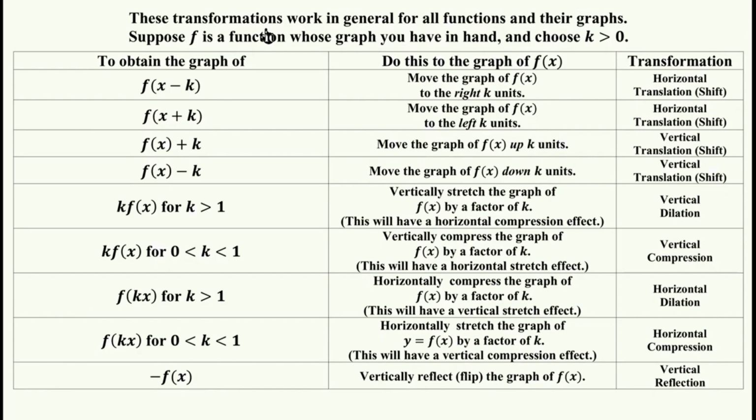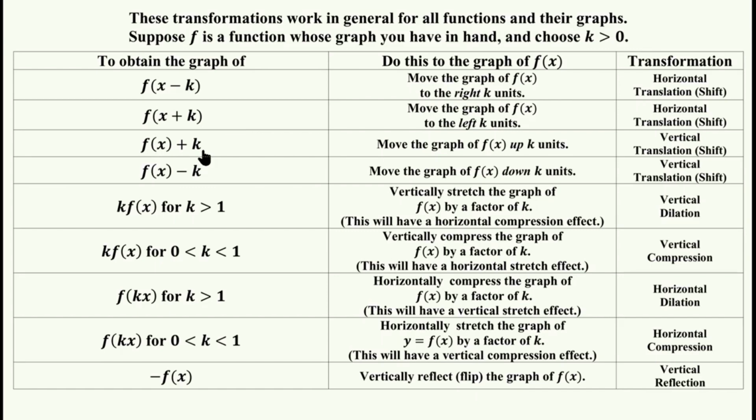So in general, if you have a function f, and assuming that you know the graph of the function f of x, and if you choose some k value greater than 0, if you want to obtain the graph of f of x minus k, you're simply going to shift the graph of f k units to the right. With x plus k, you're going to shift the graph k units to the left.